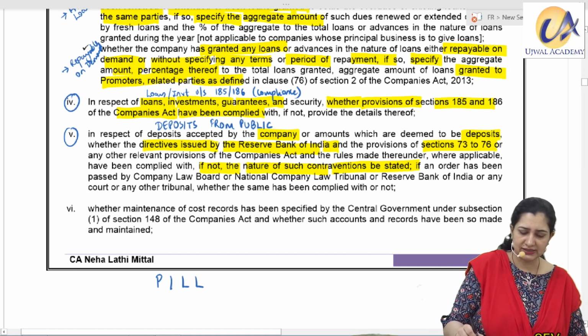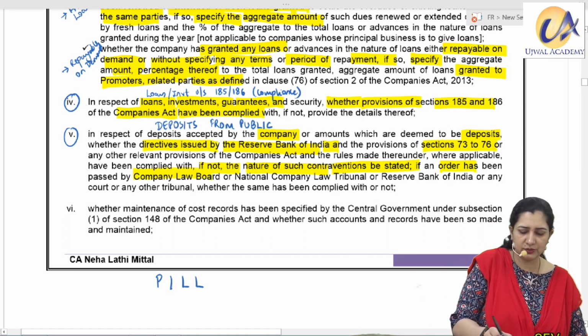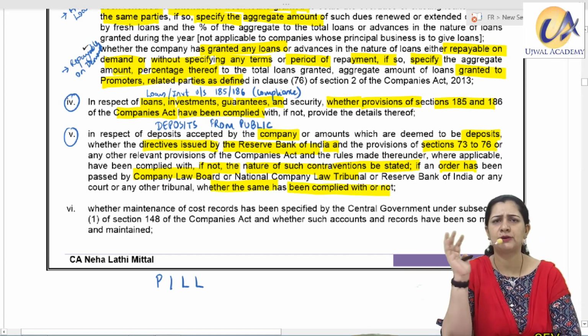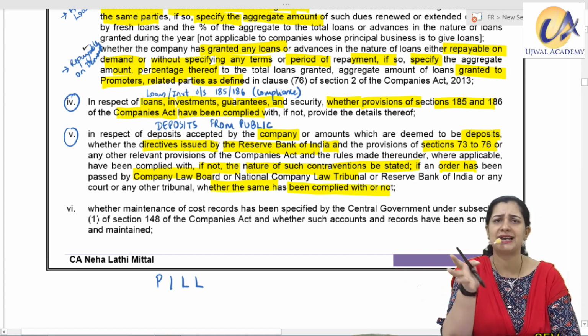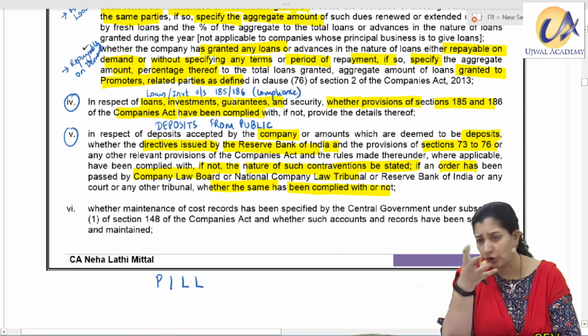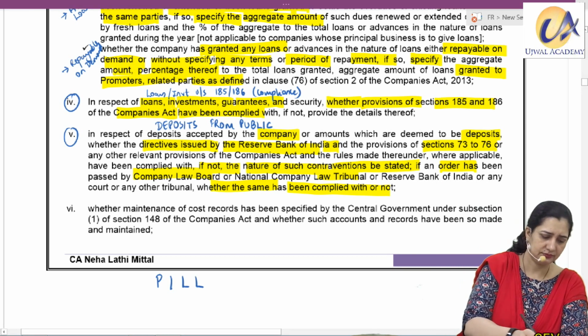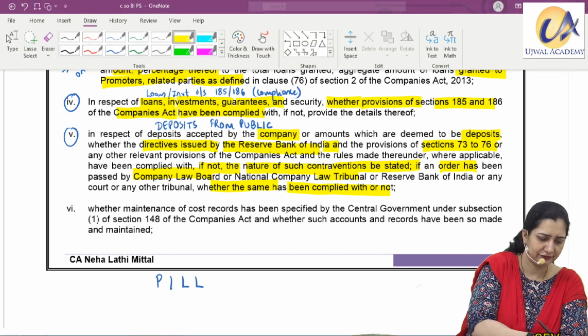Also, if there's any order by the CLB or tribunal, whether it has been complied with or not. Simple: deposits from public. Have you followed the Companies Act and all the required regulations? If not followed, report about it.